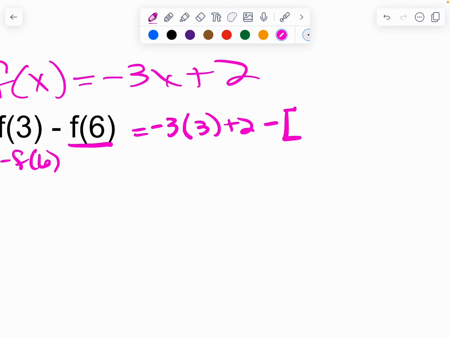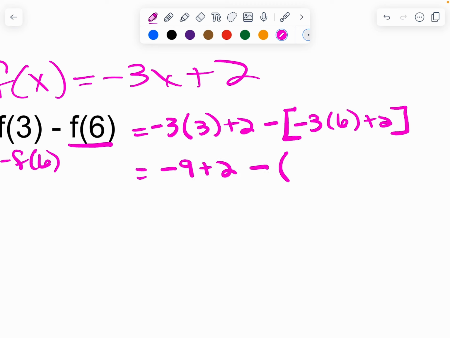So I'm going to replace with 6. So negative 3 times 6 plus 2. So this is going to get me negative 9 plus 2 minus this quantity, which is negative 18 plus 2. Negative 7 minus negative 16.